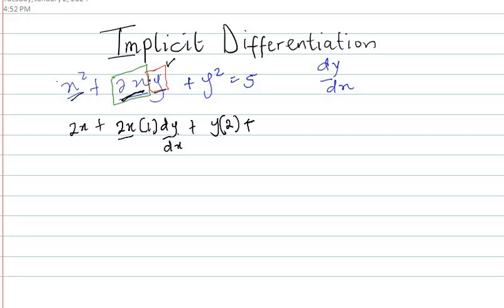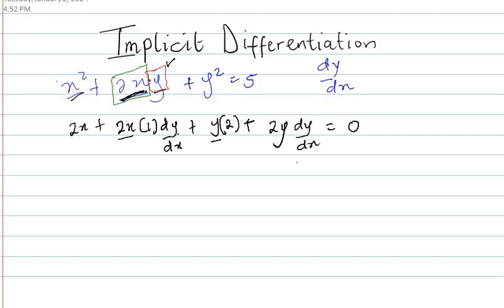For the other part, we make y constant, and the derivative of 2x is just 2. For the derivative of y², we have 2y, and since it is y, we add dy/dx. This is equal to the derivative of a constant, which is 0.